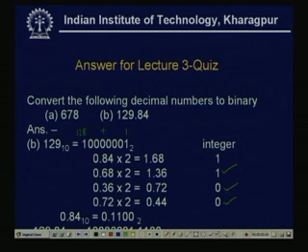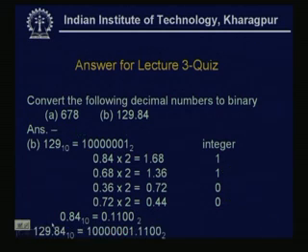So, the non-integer portion 0.84 in decimal will be 0.1100 in binary. So, the number 129.84 in decimal is converted to the binary number 10000001.1100, and this is approximated.